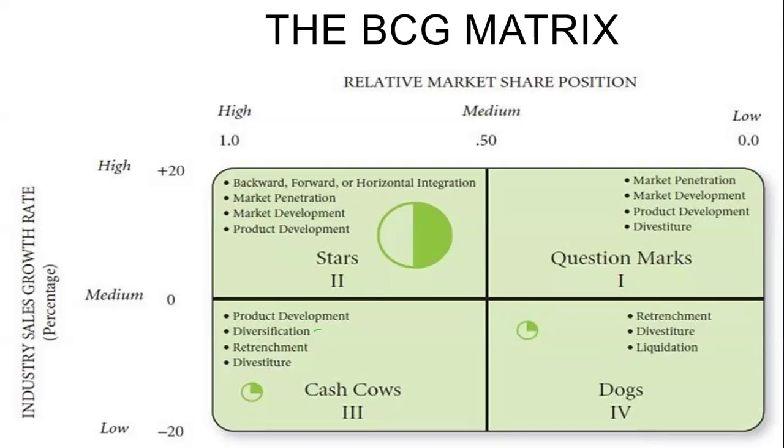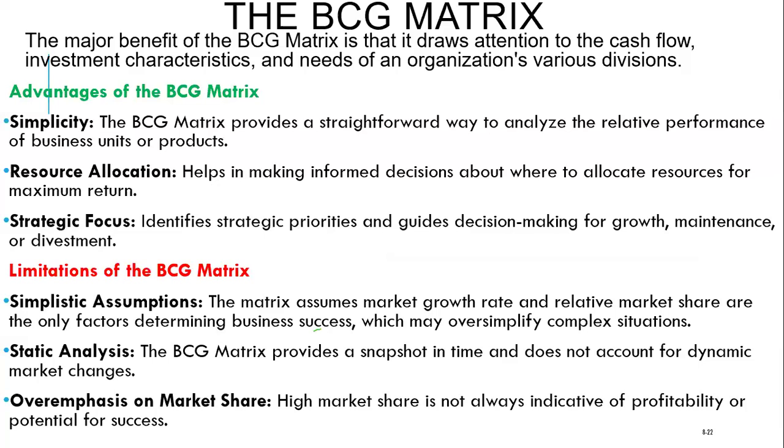So that if you are able to put them into their right perspective, then you are also able to align them with the possible strategies that may be employed. To be honest with you, a lot of publications and recommendations currently abound when it comes to the BCG matrix, because it's been.